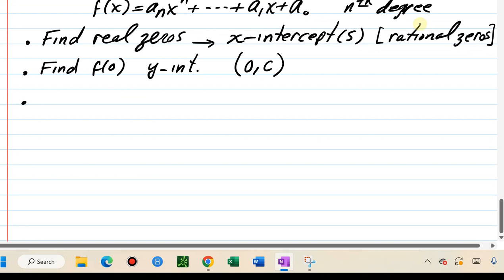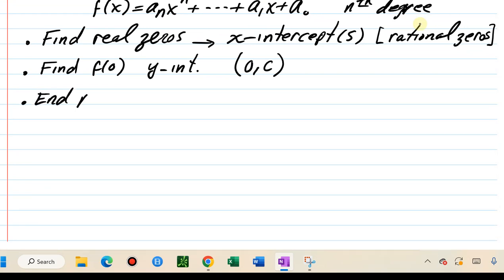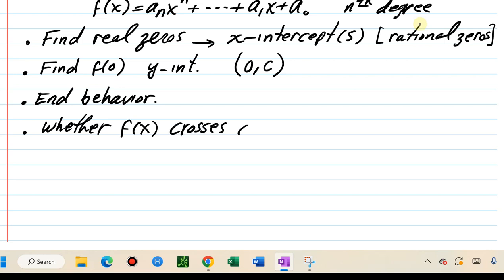Okay, and then of course we talked about the end behavior, right, just now. So we look at the end behavior, and the other thing we look at is whether f of x crosses or touches the x-axis.